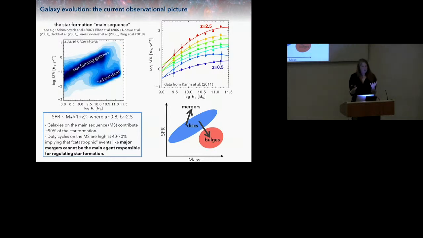If I'm presented with a galaxy, I can relatively accurately predict the rate at which it forms stars, simply based on its mass and the epoch at which I'm observing it, which tells us something quite fundamental about the process of galaxy evolution. The main mechanisms have to be things that operate on long time scales. It has to be something that is steady and that operates on these long time scales.